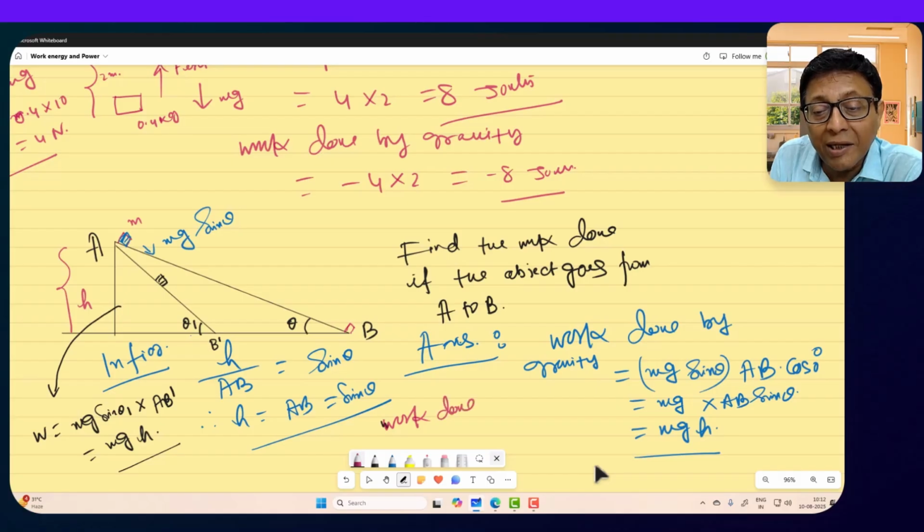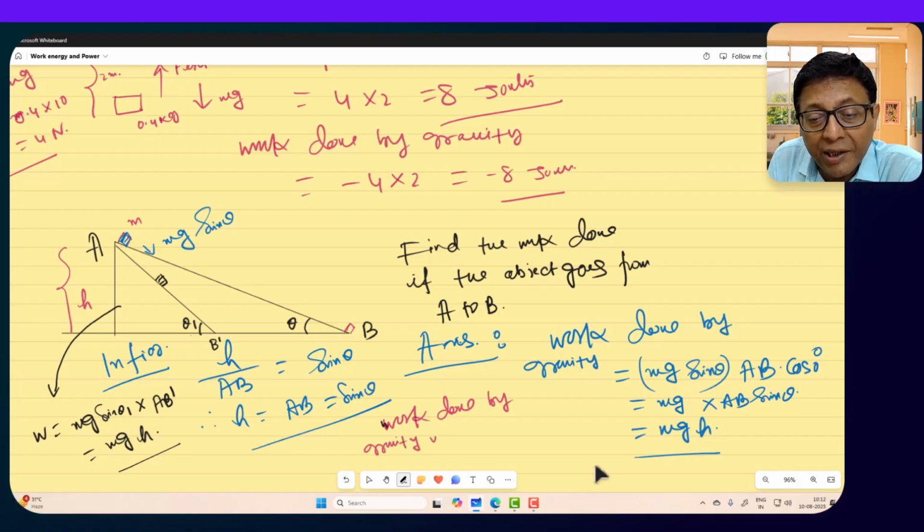Work done by gravity is independent of the path.